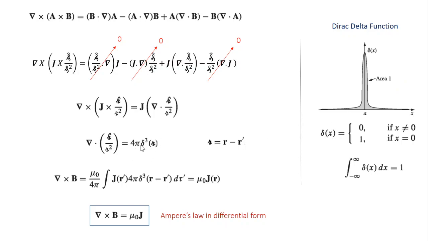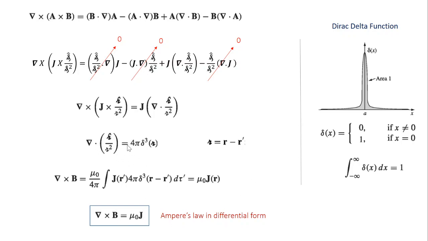Three-dimensional Dirac delta function is just an extension of this. So in the case of delta cube R, when R equal to 0, the value of the function is 1. Everywhere else, the value of the delta function is 0. When R equal to 0, R is defined as R minus R prime. So when R equal to 0, I can write R equal to R prime.